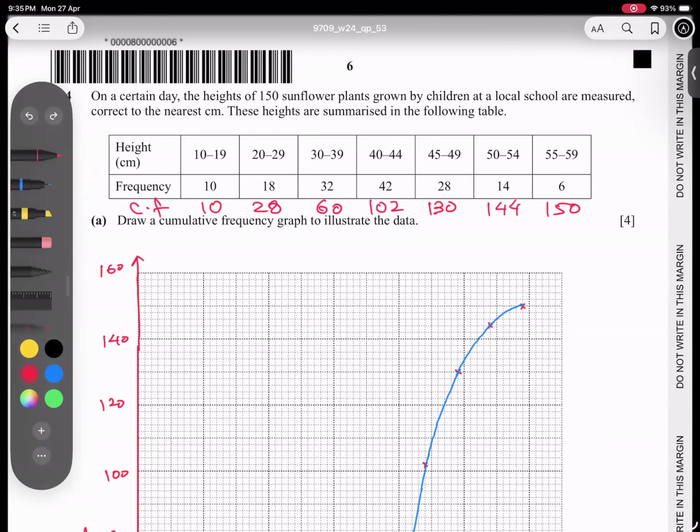I'll take the classes 10 to 19, 20 to 29, 30 to 39, 40 to 44, because I have to pick these values from here.